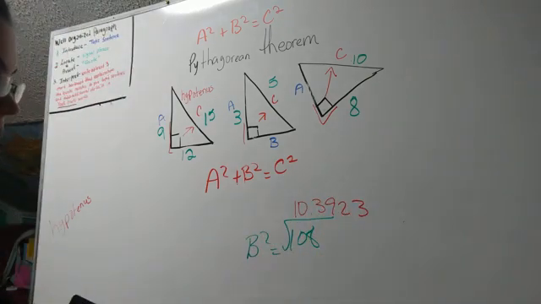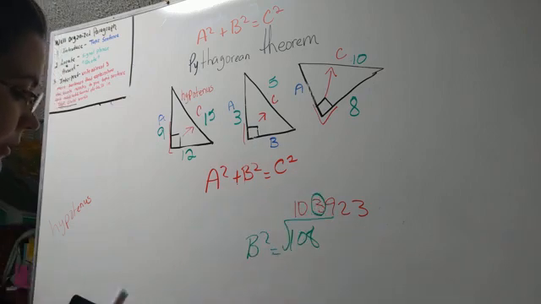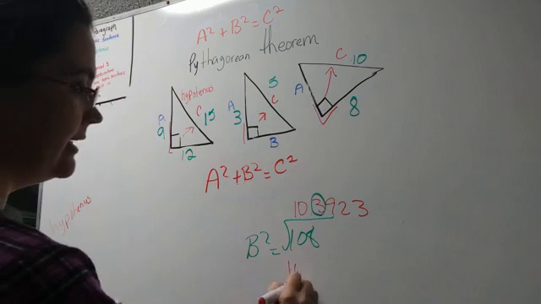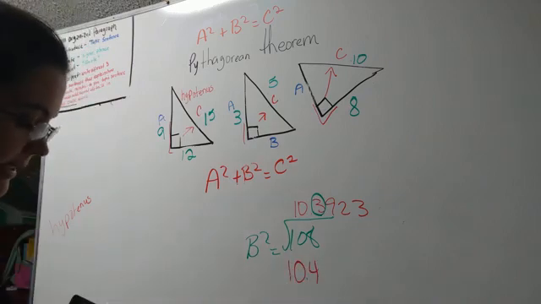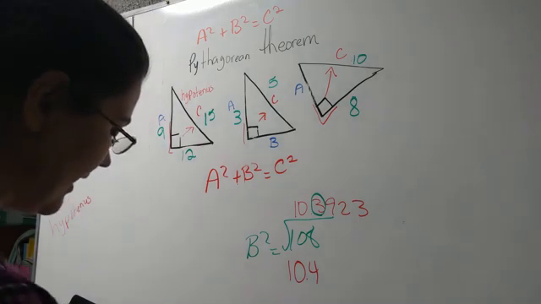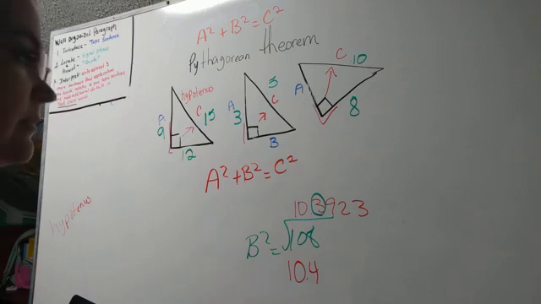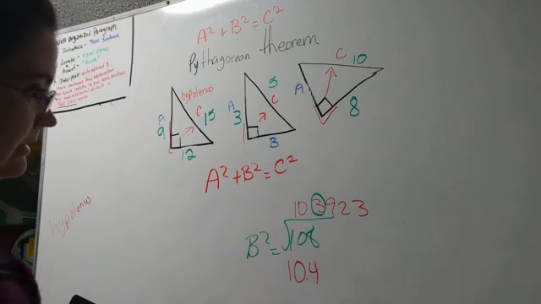What we would do here is round to the first decimal place. So your answer would be 10.4. So anytime in this work that you come up with one that doesn't give you a whole number, it's not a perfect square, then just be sure that you round it to that first decimal place.